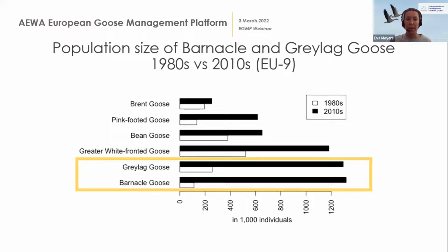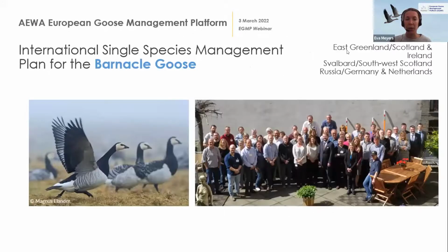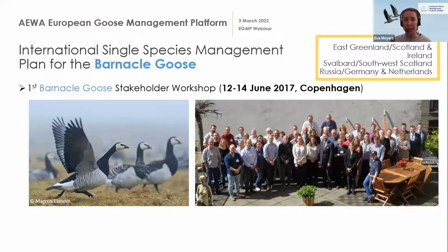That led to organizing a stakeholder meeting for the barnacle goose, which included all the range states as well as the relevant stakeholders or organizations throughout the flyway of that species. This workshop took place in 2017.